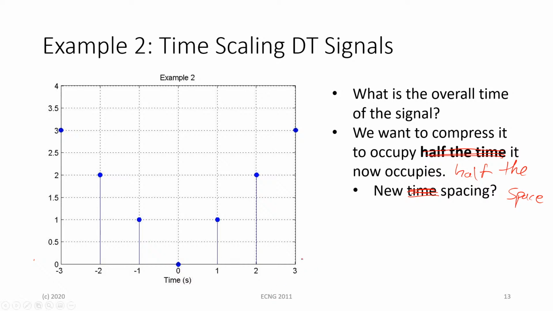So remember, t here is basically the time between n samples. And n here would be basically our instance.